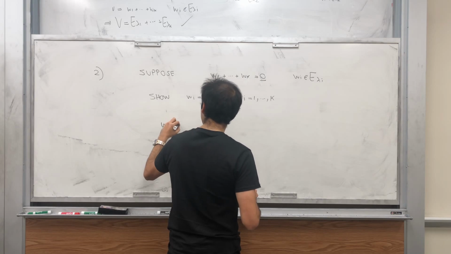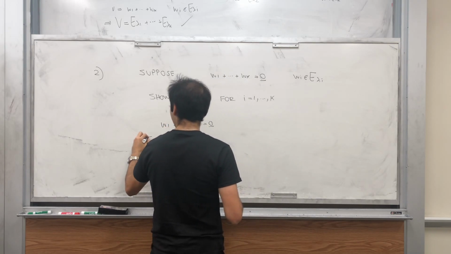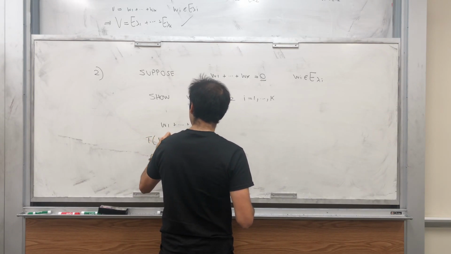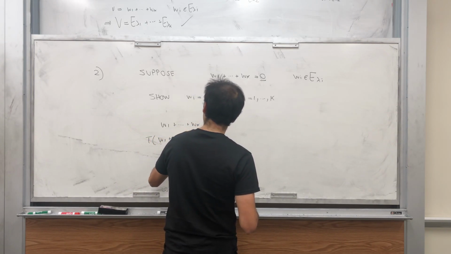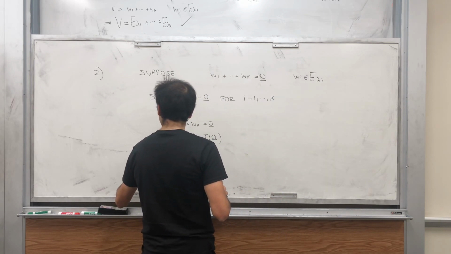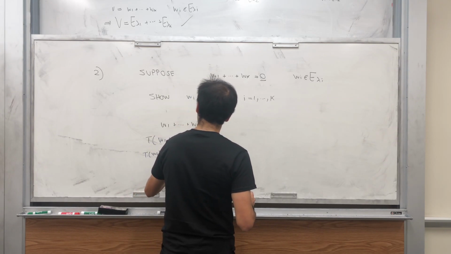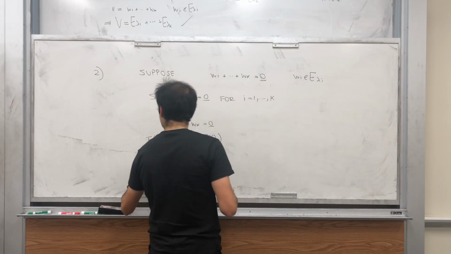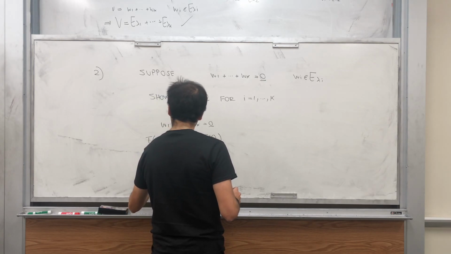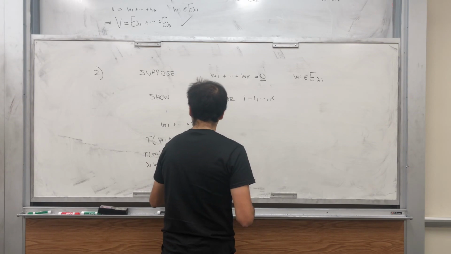So suppose W1 up to Wk gives you 0. Well, apply T to this. T of W1 plus ... plus Wk is T of 0. So we get TW1 plus ... plus TWk, that is 0. So lambda 1 W1 plus ... plus lambda k Wk equals 0.